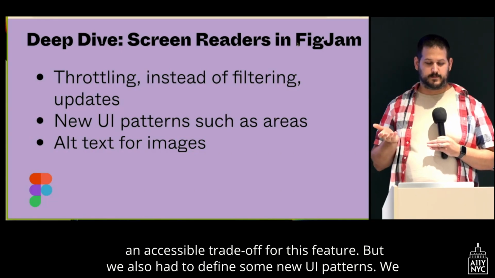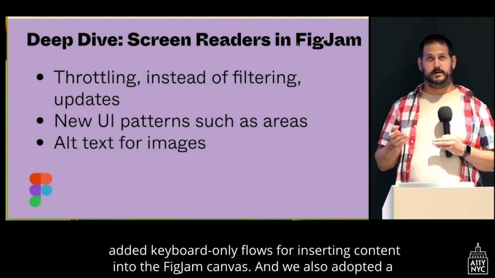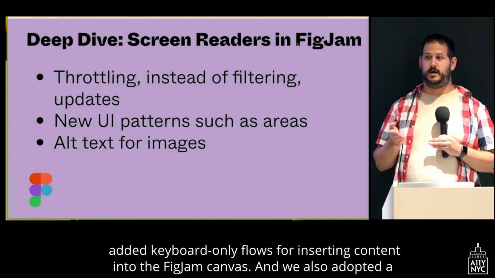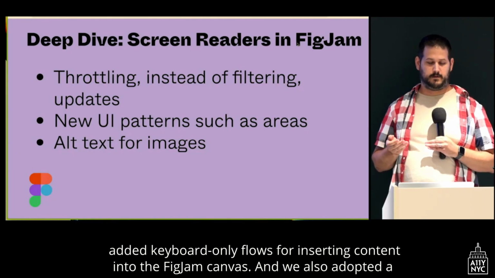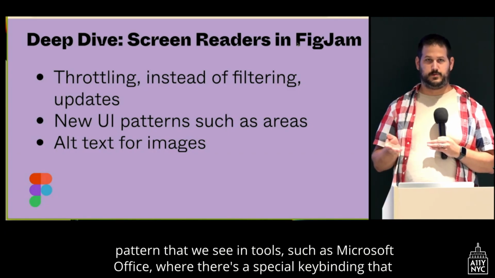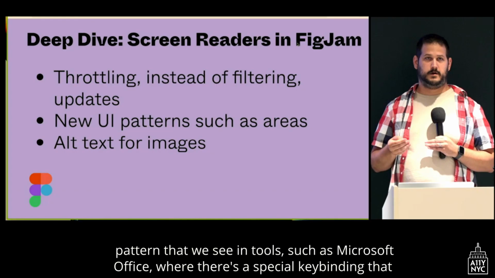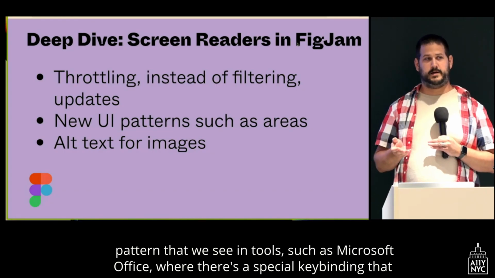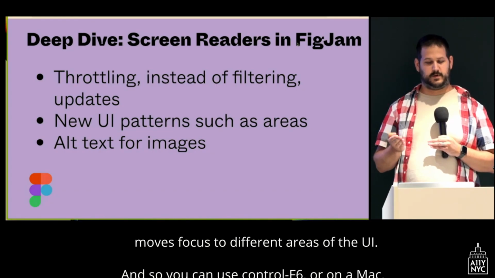But we also had to define some new UI patterns. We added keyboard-only flows for inserting content into the FigJam canvas. And we also adopted a pattern that we see in tools such as Microsoft Office, where there's a special key binding that moves focus to different areas of the UI.